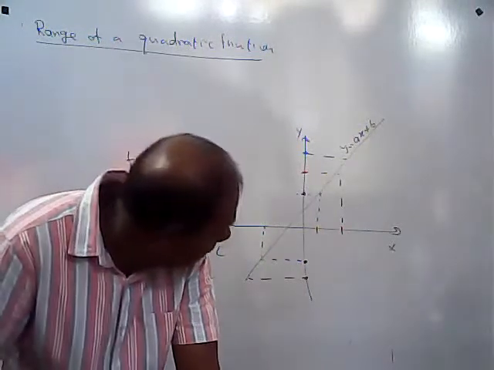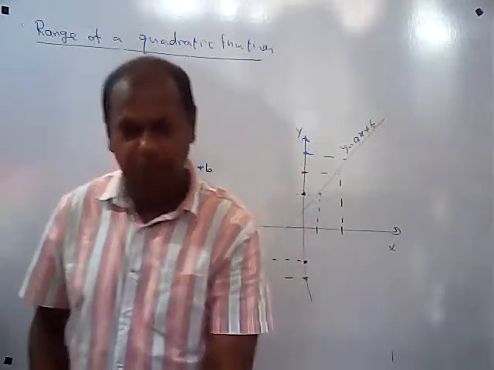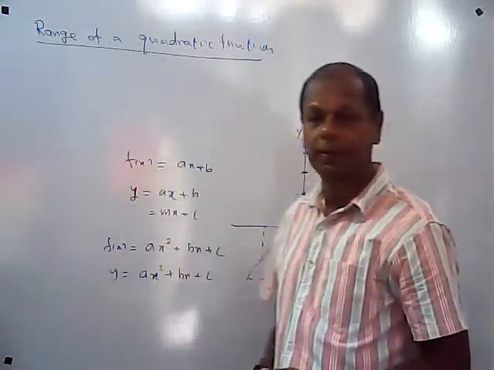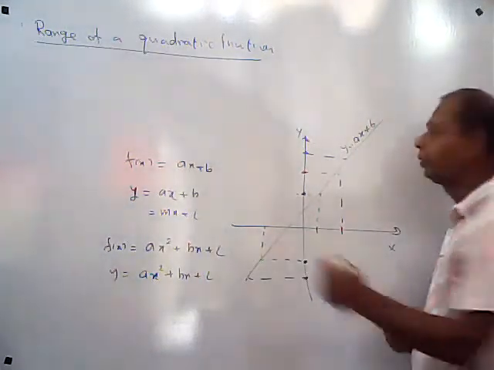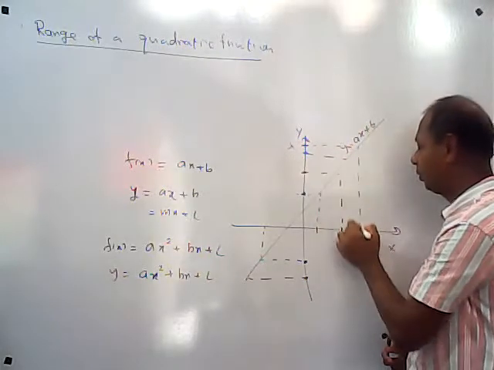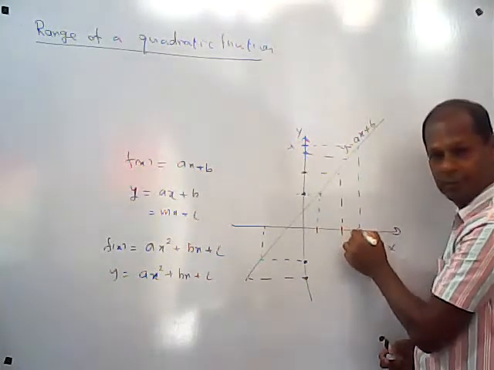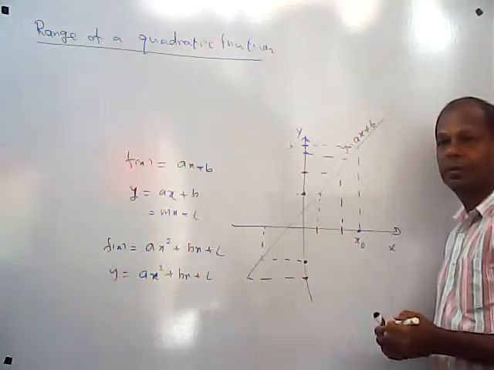A straight line like this, what is the range? You take any y value, say lambda; you can find some corresponding x here. x0 will generate the y value lambda.